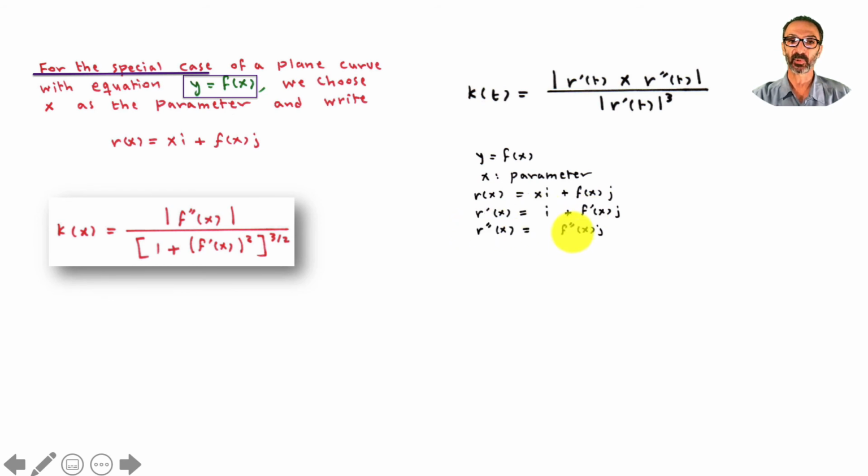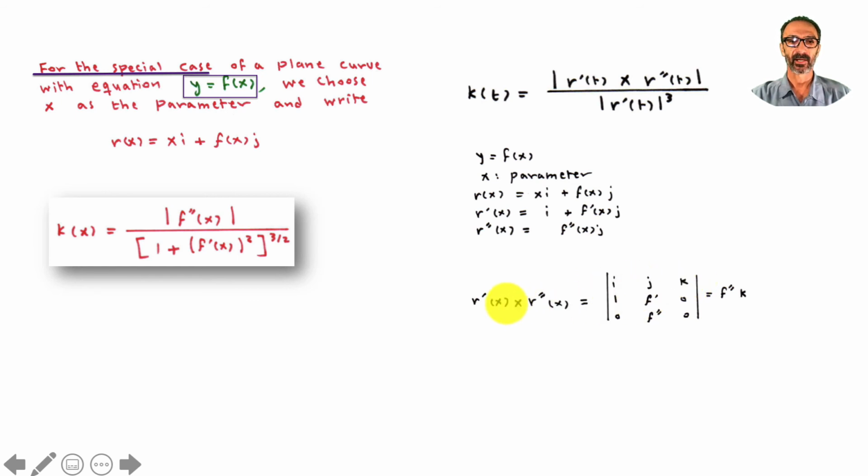That will be f double prime j. Let's do the cross product. As you could see, I know I'm going over deriving formulas or verifying, but actually we're using some skills of cross product. So there's a benefit for going over it.